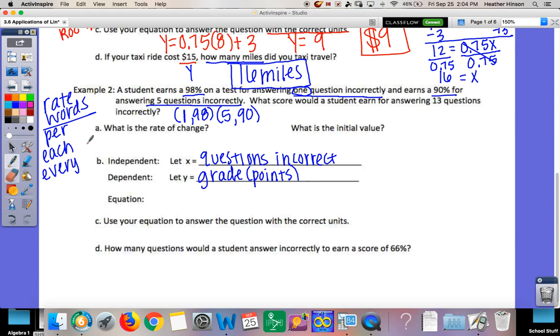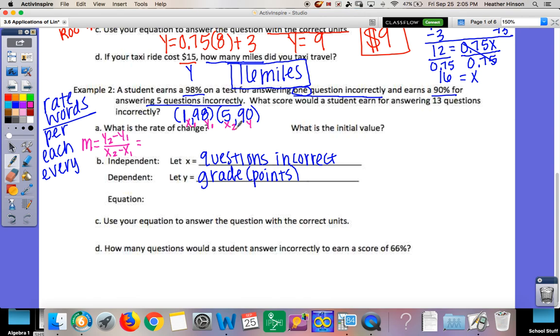Then we have to use our slope formula to solve. So your y2 minus y1 over x2 minus x1. So you know this is your xy point, so x, y, x, y. The first point, those are your 1s, x1 and y1.